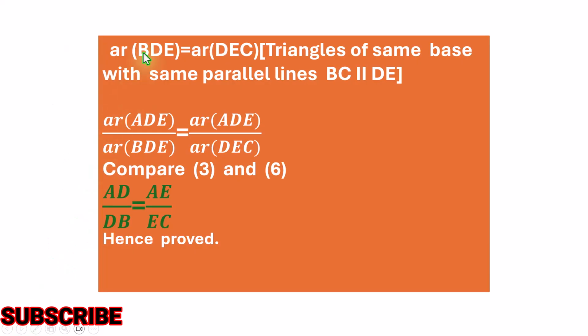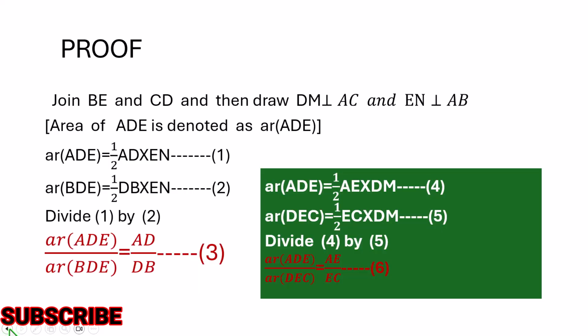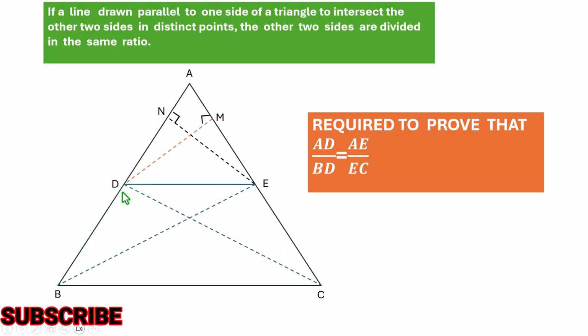Then consider area of BDE and area of DEC. They are triangles on the same base DE between the same parallel lines BC and DE, since DE is parallel to BC.